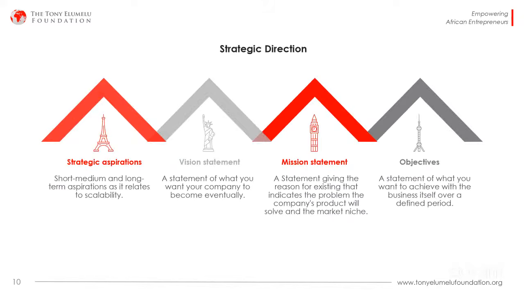Then the strategic direction. Where is this business going? What are your strategic aspirations, your short or long-term aspirations, whether you want to scale your business, or, like I said earlier, you want to grow your capital base, you want to grow profitability? What do you really want to achieve in your short to medium term?